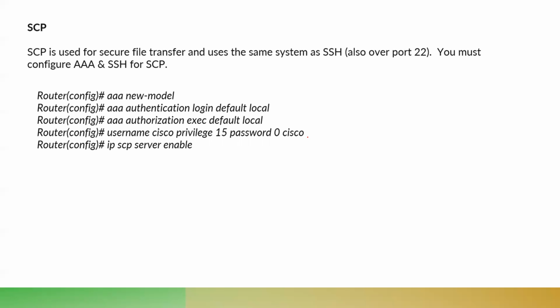If you want to securely transfer a file, we can use the Secure Copy Protocol, and we should integrate this with AAA. You can see the configuration: AAA new model, AAA authentication login default local, AAA authorization exec default local, and then username cisco privilege 15 password 0 cisco.